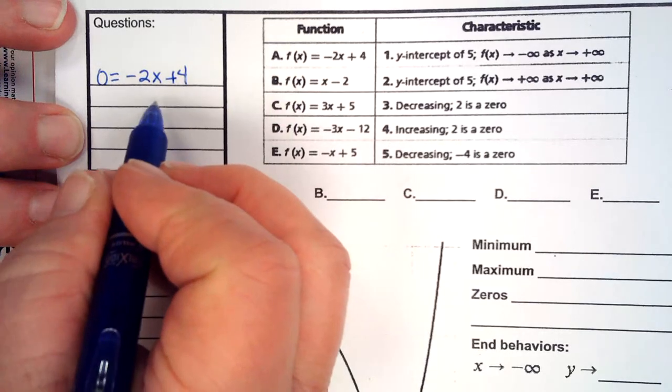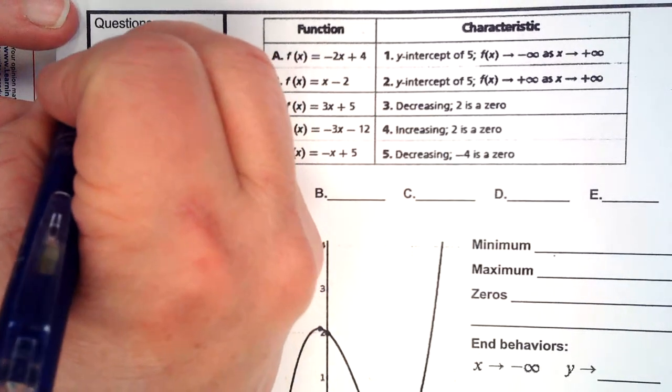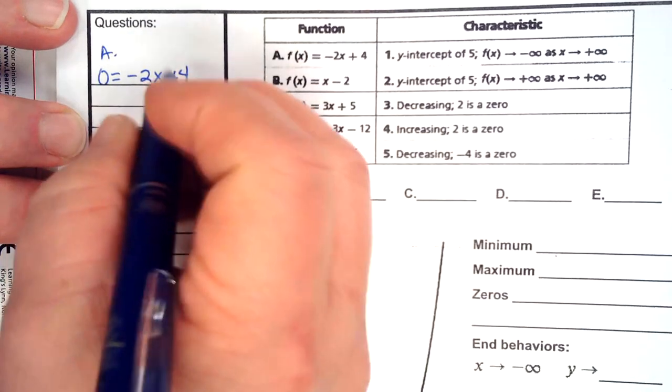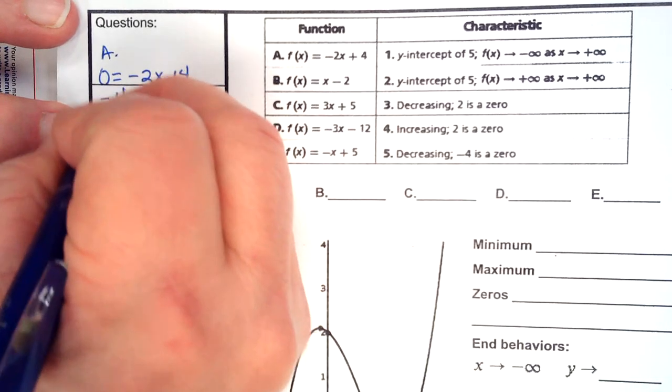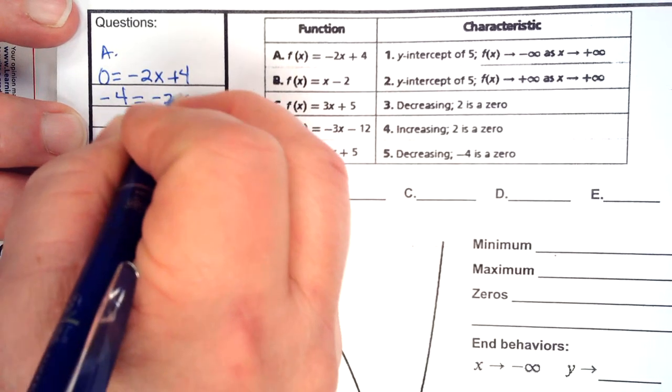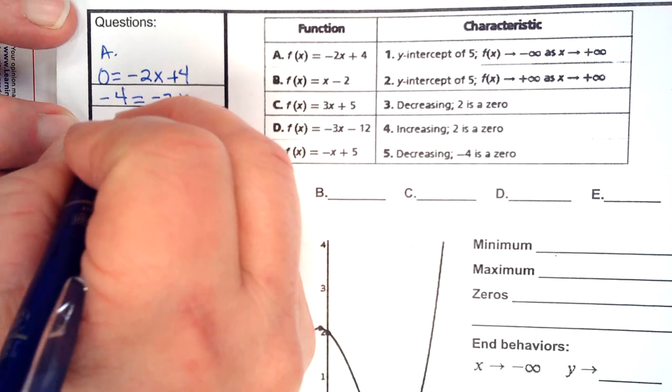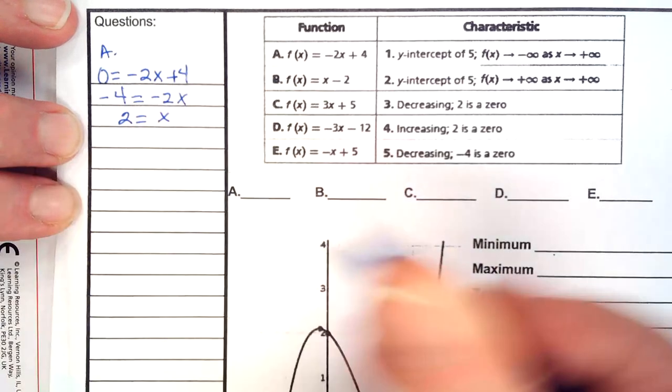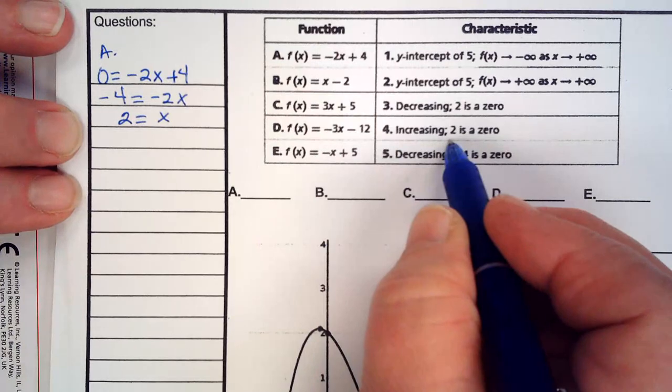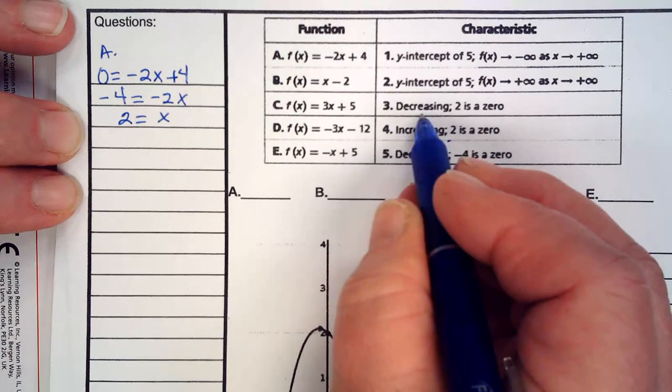So to solve, I'll subtract 4 from both sides. Negative 4 is equal to negative 2x. Divide by negative 2, 2 is equal to x. So 2 is a 0, and it is decreasing.